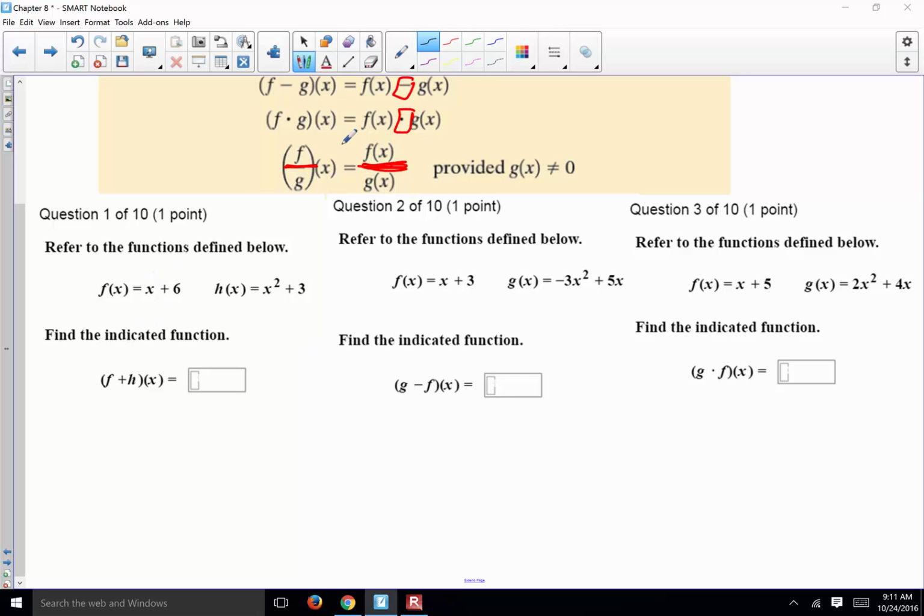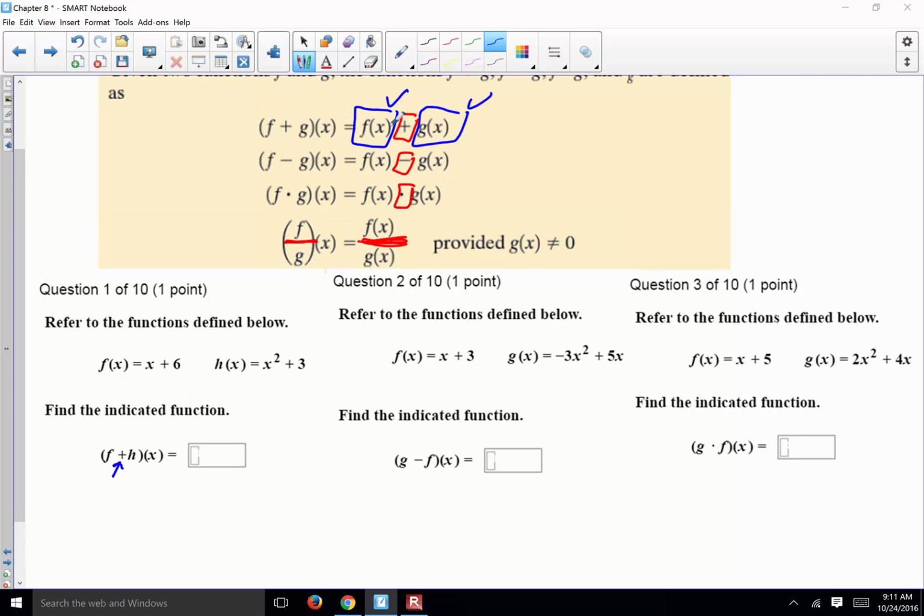The first one is, what symbol do you see between the functions? Look at it. Plus. We are going to do addition. So basically, you copy the formula of f, copy the formula of g, which are given on the right side of them. Copy these and put the plus sign in between.